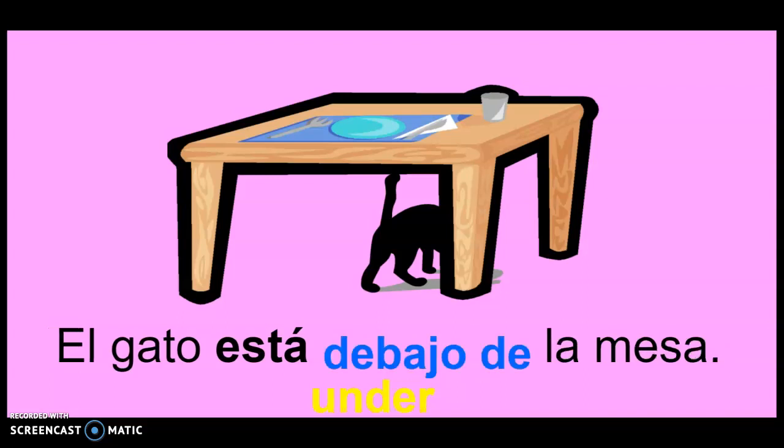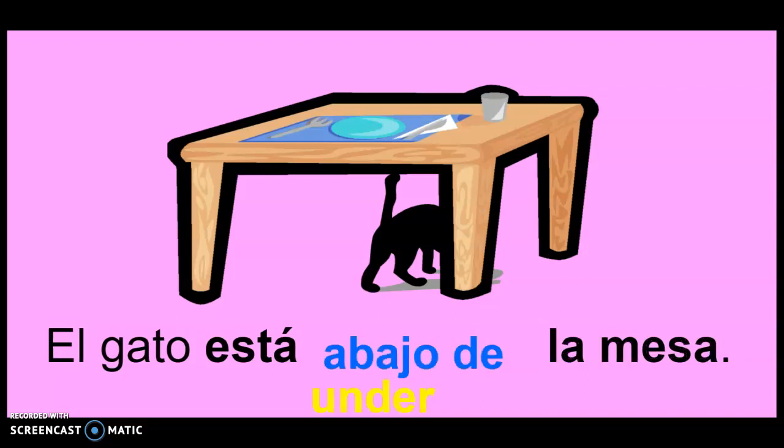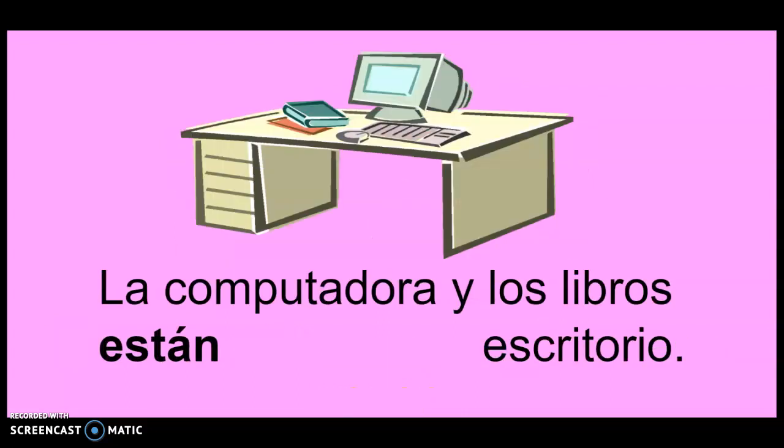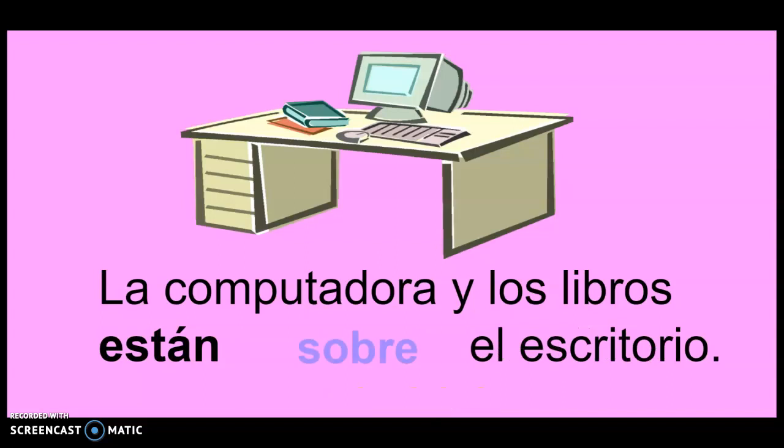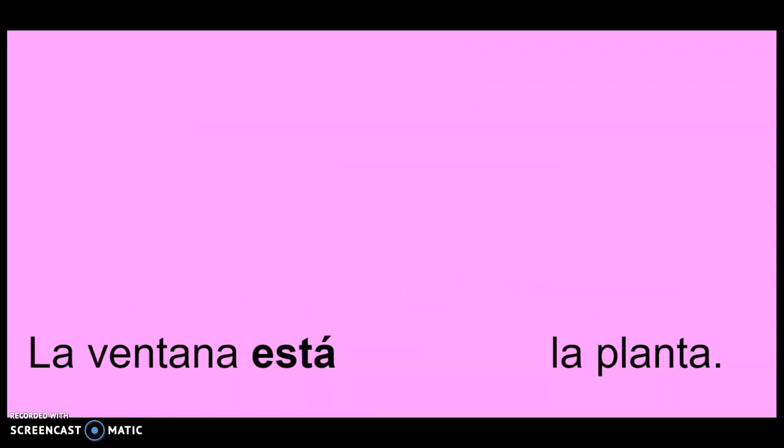So here we have one way to say under, and then there's another way to say under. It is what it is. La computadora y los libros están encima del escritorio. La computadora y los libros están sobre el escritorio. So a few different ways to say the same thing, and that's okay. It's nice to have variety.